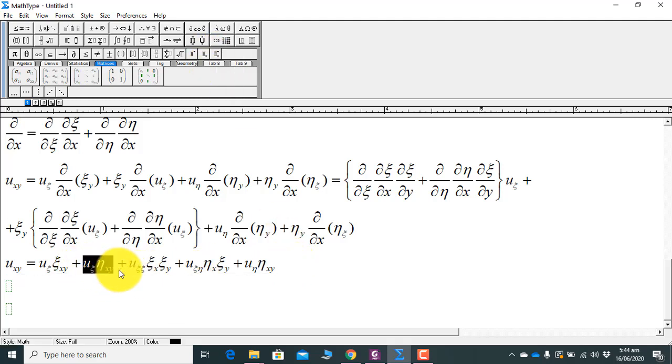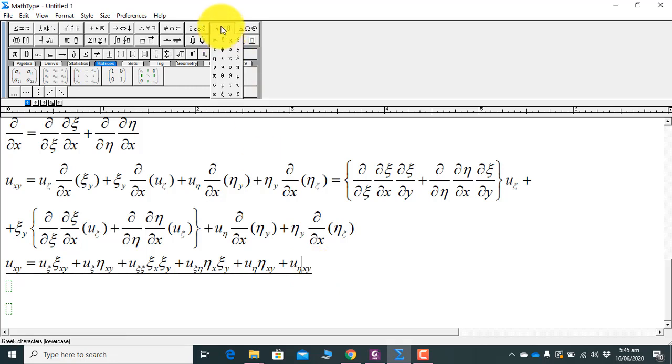Now for the second term, this was u xi eta xy, so the total answer will be u eta, instead of xi you will have eta, and instead of eta you will have xi.